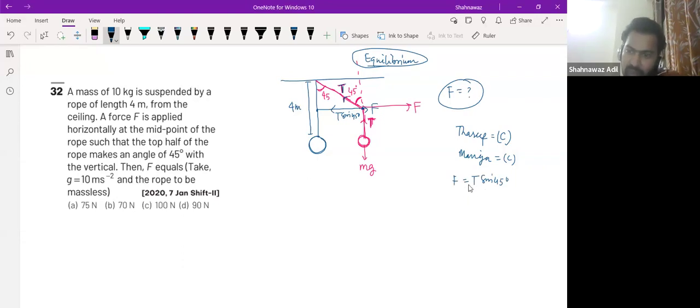And you have to calculate this T. So mg sine 45. So you have m which is 10, g is 10, and what is sine 45? 1 by root 2.